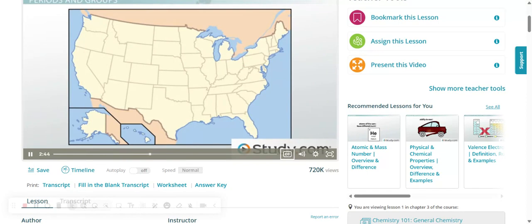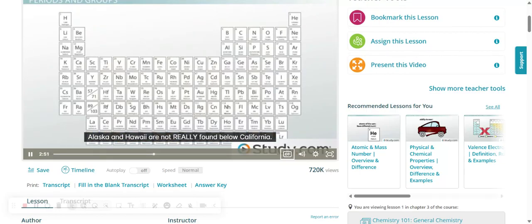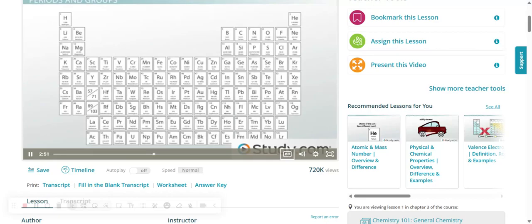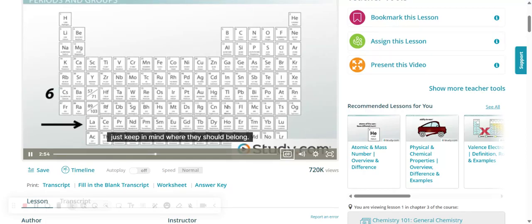Alaska and Hawaii are not really found below California, and they're just there to save space. So when you're using the periodic table, just keep in mind where they should belong. The top row of that island is in the 6th period, and the bottom row is in the 7th.